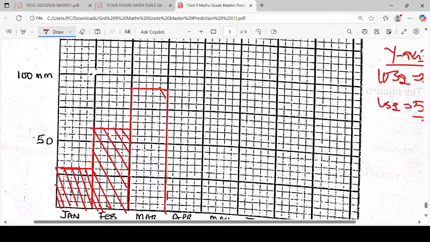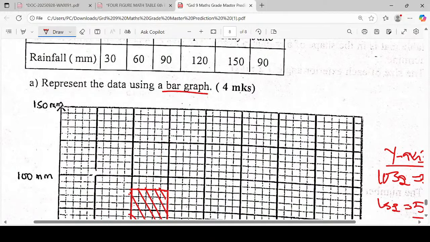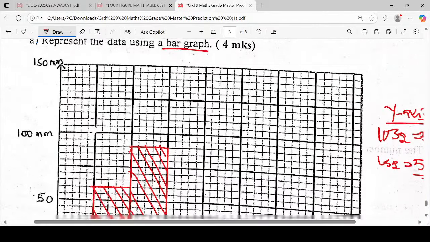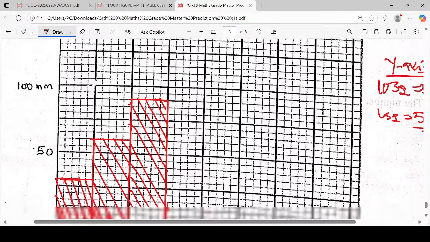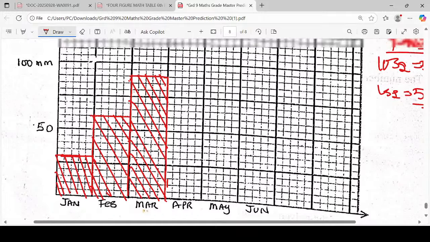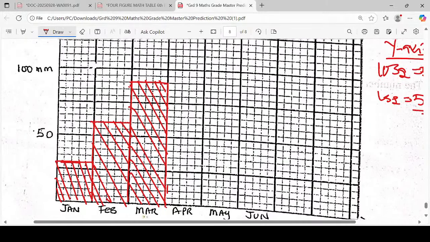When you have it like that, that is it. What about April? April, it is at 120. When you take 120, you divide by 5, that will be 24.